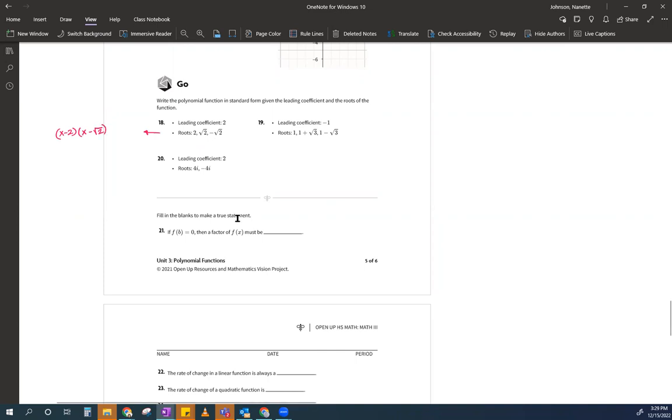Now, one of the ways that they try to check on how much you understand is they'll cover up one of these roots. And you just need to make sure that you have all the roots. Things that you should know is i's and square roots always travel with their partner. Okay, just like your shoes do, right?